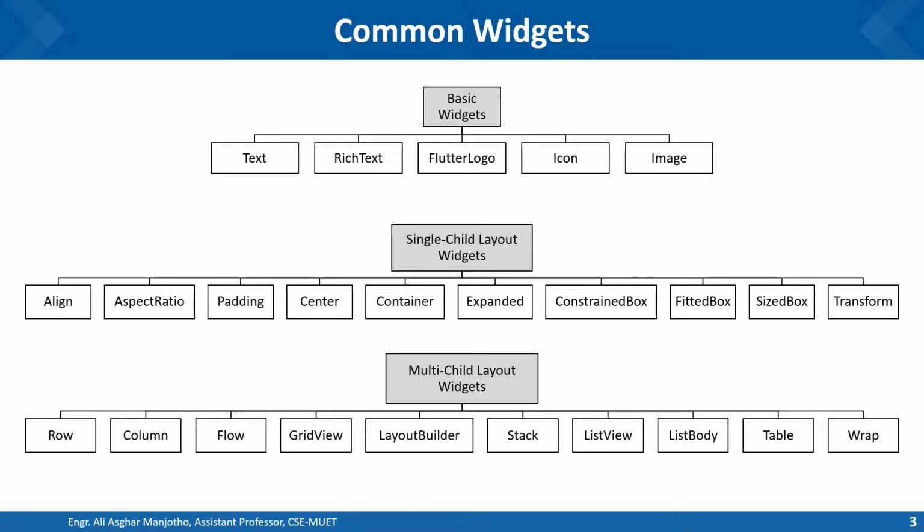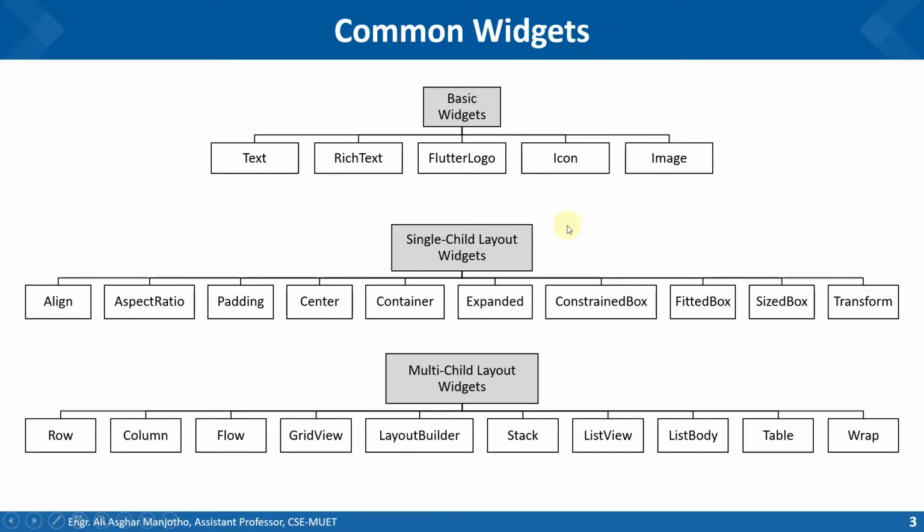There are a number of widgets available, but some of the commonly used ones are basic widgets which display static text, rich text, that is formatted text. If you want to place the logo, which is specified when the application is installed and you go into all applications, or if you want to use some icons or images in the Flutter project, you may use these different widgets.